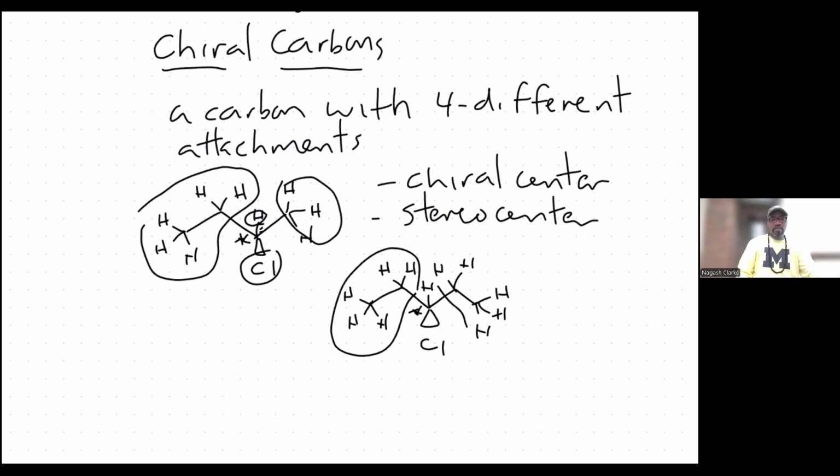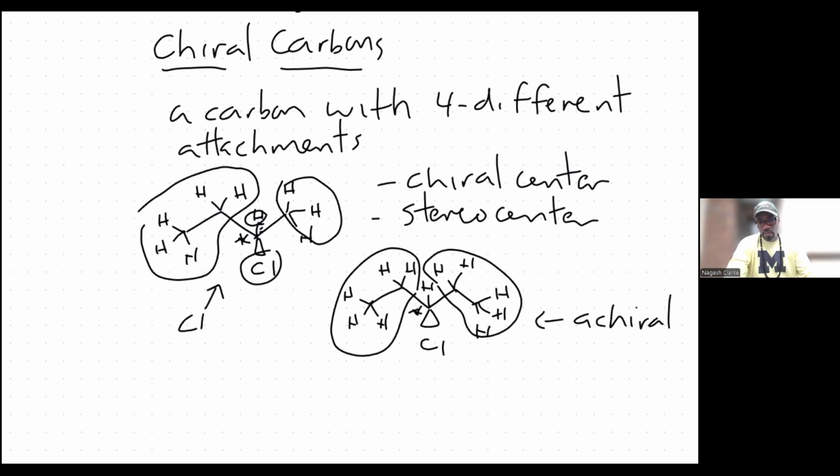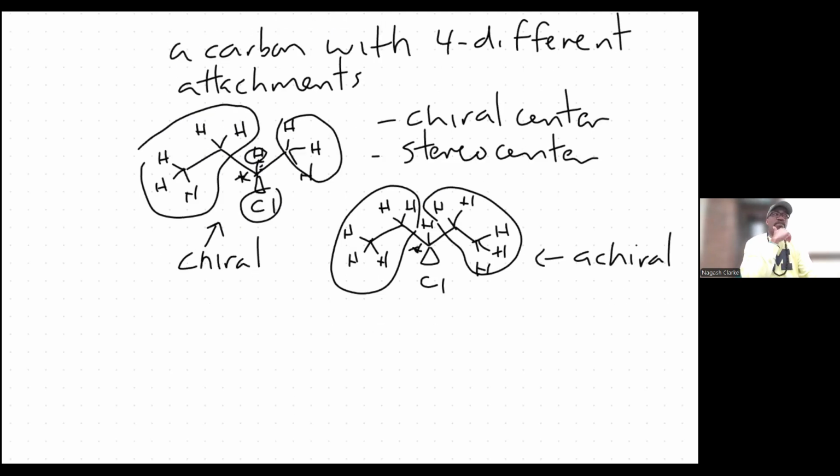So that is achiral. Right, so if a molecule has no chiral carbons, it is considered achiral. If it's chiral, then it can have stereoisomers.